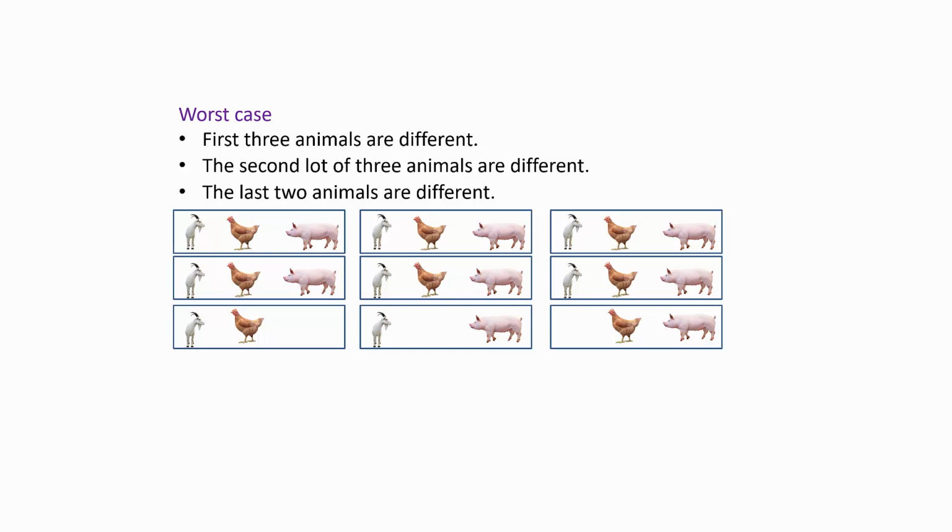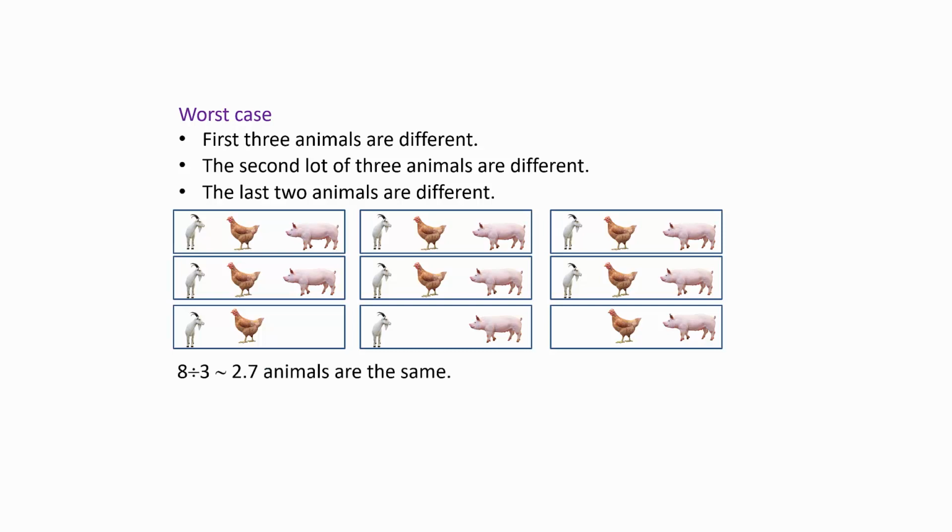In each case, you can see that we have at least 3 of each animal. In the first combination, we have 3 goats and 3 chickens. In the second combination, 3 goats and 3 pigs, and in the third combination, 3 chickens and 3 pigs. And we can show this, of course, another way using the Pigeonhole Principle.